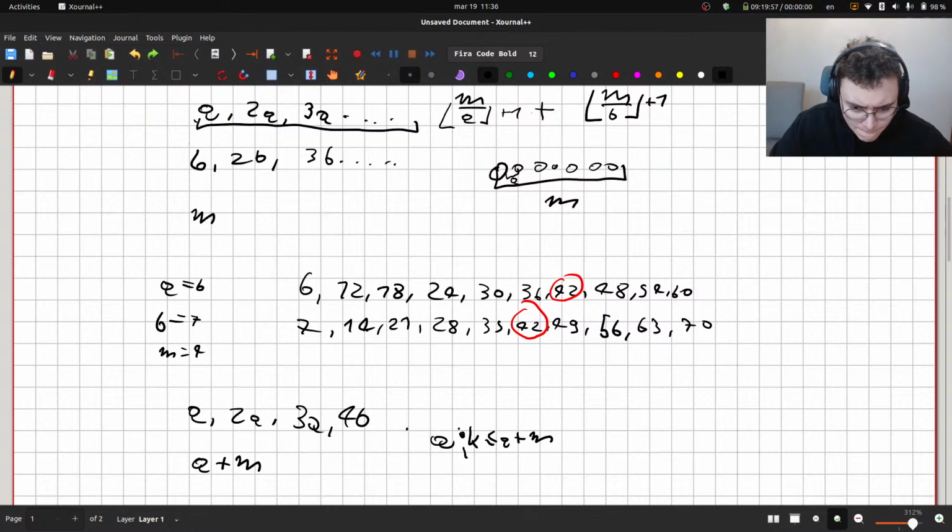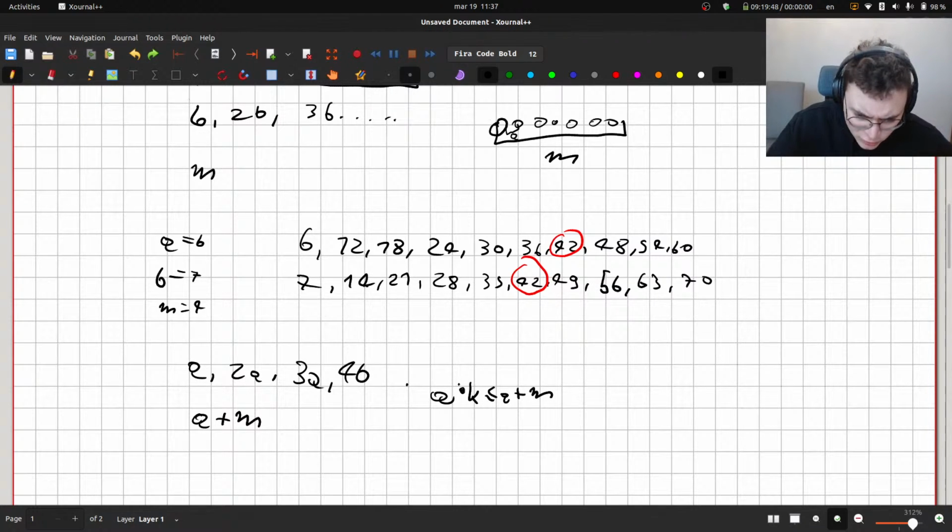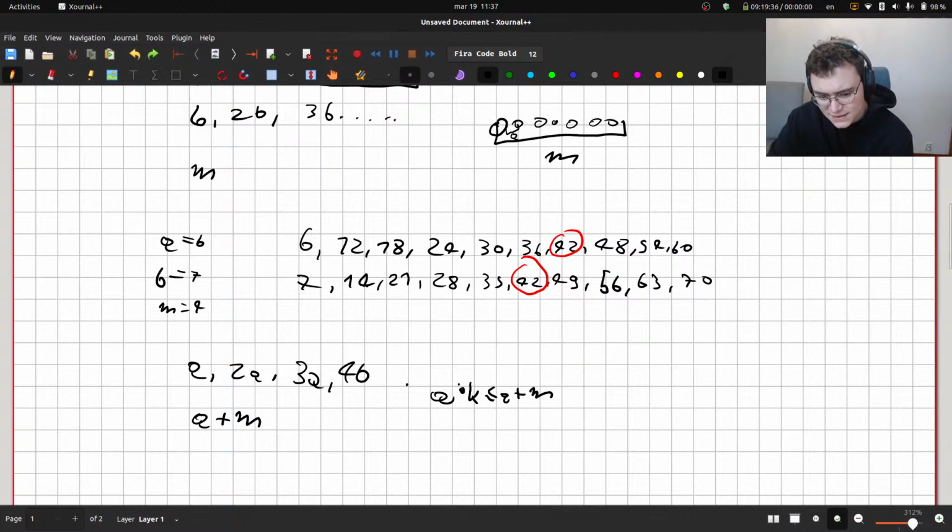right? I hope you understand it. Because if we find the biggest such k, that would mean that at most k fireworks can be visible at one time. And if it's satisfied, then we know that also k fireworks can be seen.